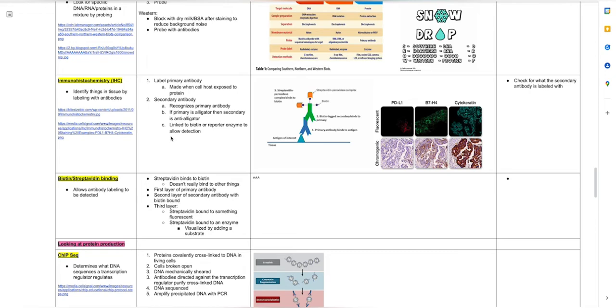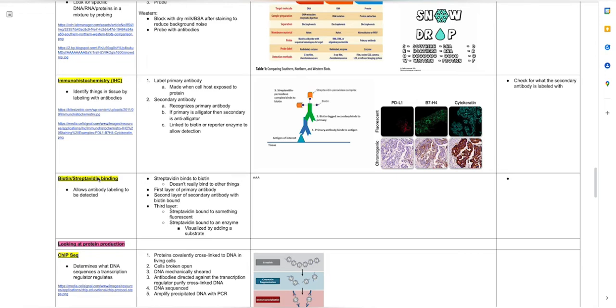Then we have a really specific way to do your labeling on these antibodies, and it's biotin-streptavidin binding. Streptavidin is a molecule that binds to biotin, and what's good about it is that it doesn't really bind to anything else in tissues, which is good because you only want it to bind to biotin. You apply your first layer of primary antibodies, then your second layer of secondary antibodies, which have biotins bound to them.